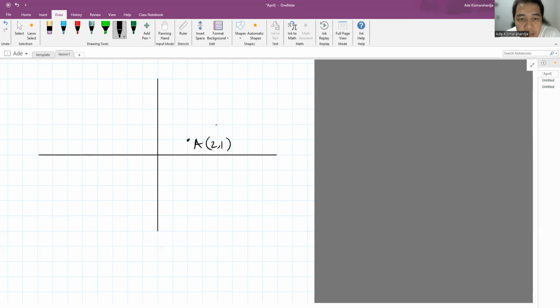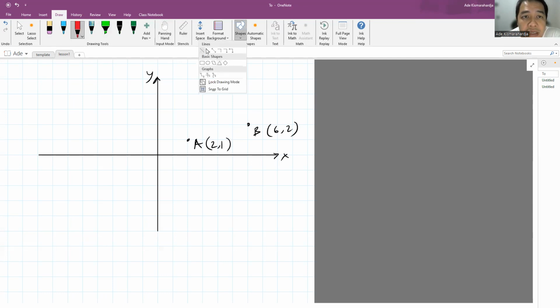So this is the x axis and this is the y. And then the second point, let's call it B, is located at 6, 2.